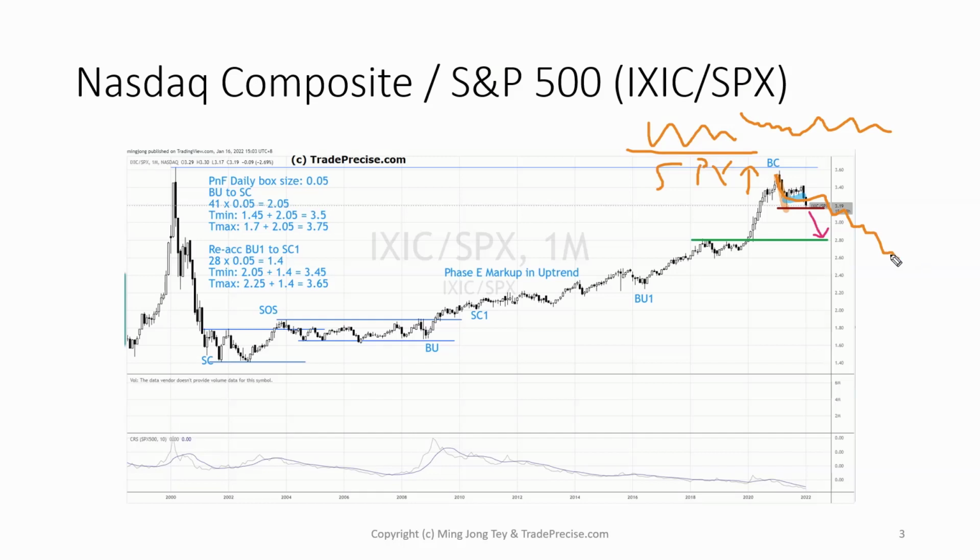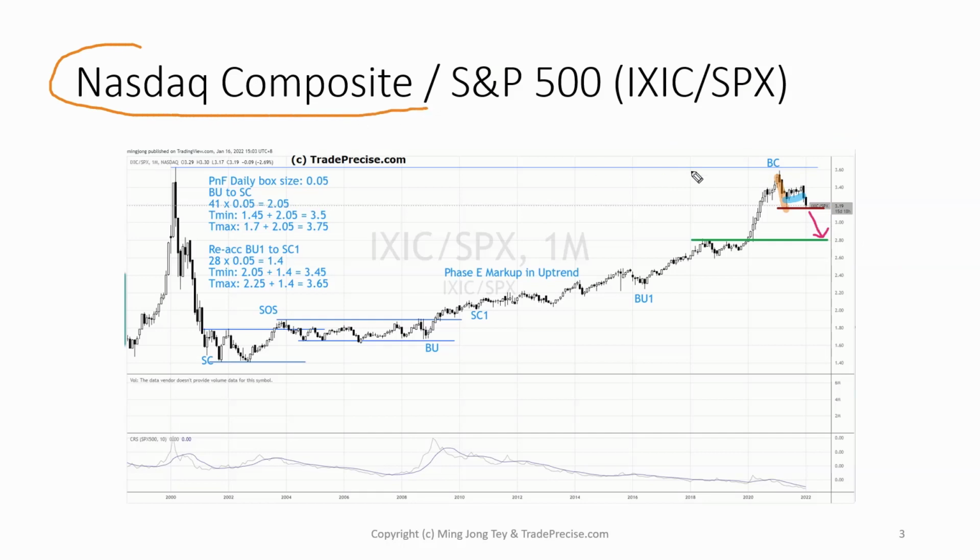So this is how you would interpret this kind of ratio chart. So in short, Nasdaq looks like it's topping at the moment, hitting the resistance here and having a change of character, inability to rally up, and then looks like it continues to go down.